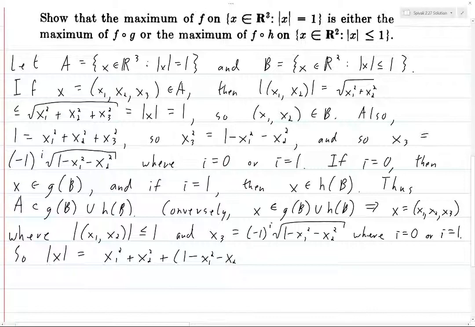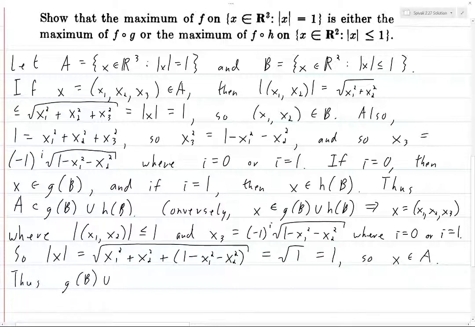So the norm of x is the square root of this entire thing, and then you get a bunch of things that cancel. So this is true, and this means precisely that x is in A. Thus, G of B union H of B is contained in A, and hence A is equal to G of B union H of B.